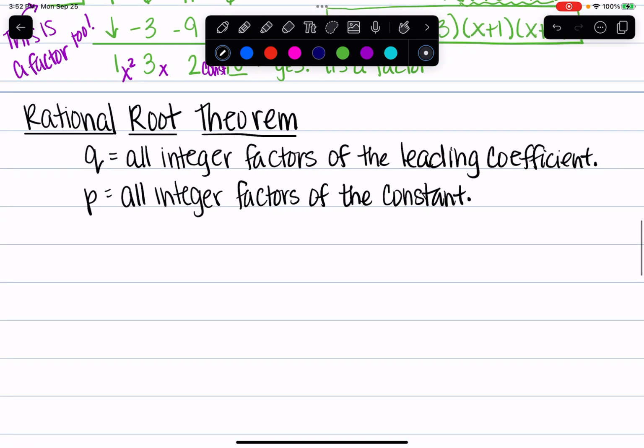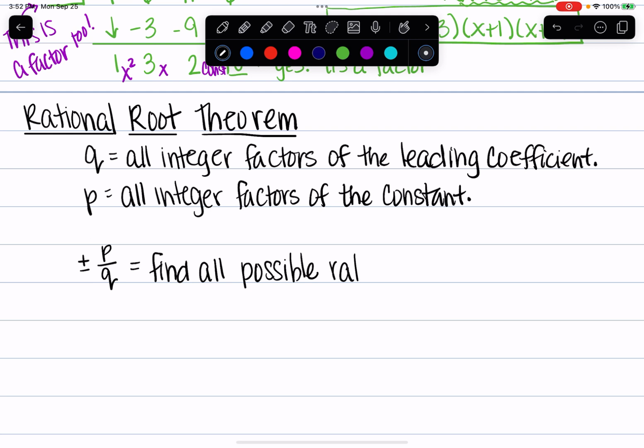And then to find all possible roots, you are going to do plus or minus P divided by Q. And that will find all possible rational roots of a polynomial.